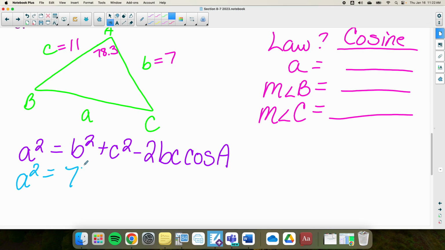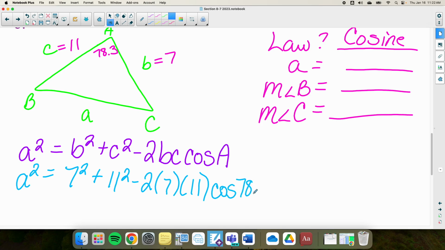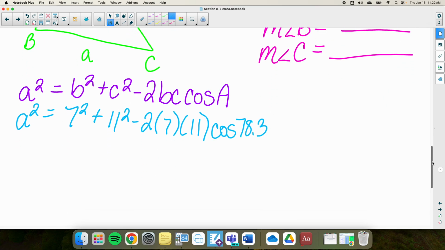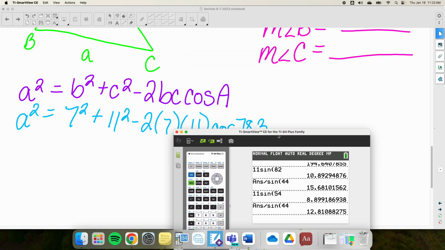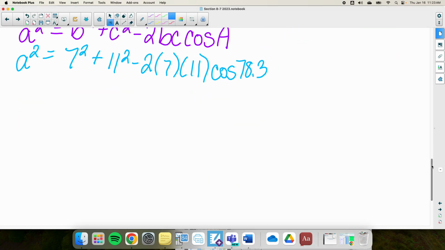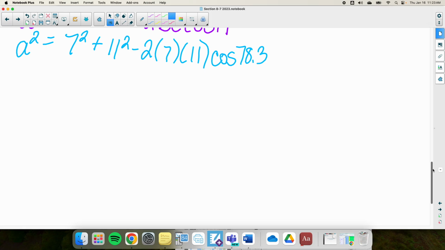Little b is 7 squared, little c is 11 squared, minus 2 times b is 7, c is 11, and then it's cosine of 78.3. Okay? Now, we type this into our calculator, but remember that is our side squared. So once we do that, we have to take the square root.